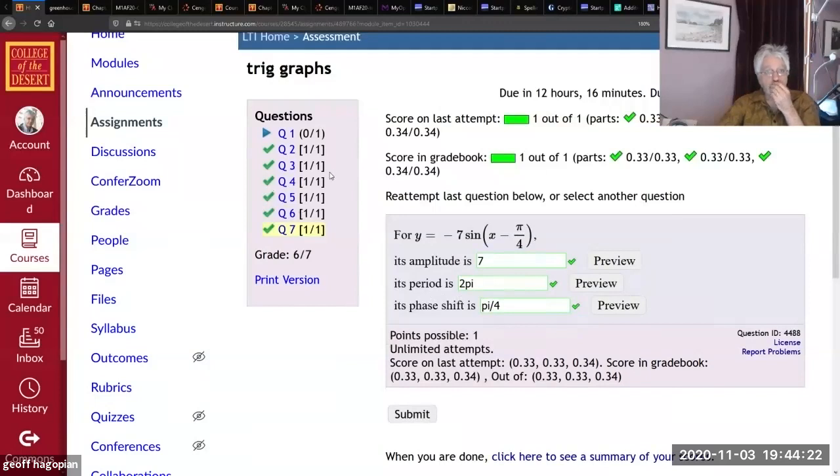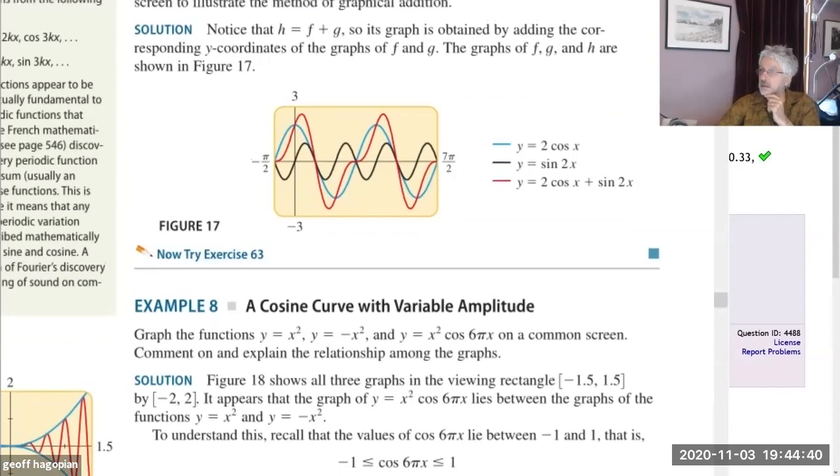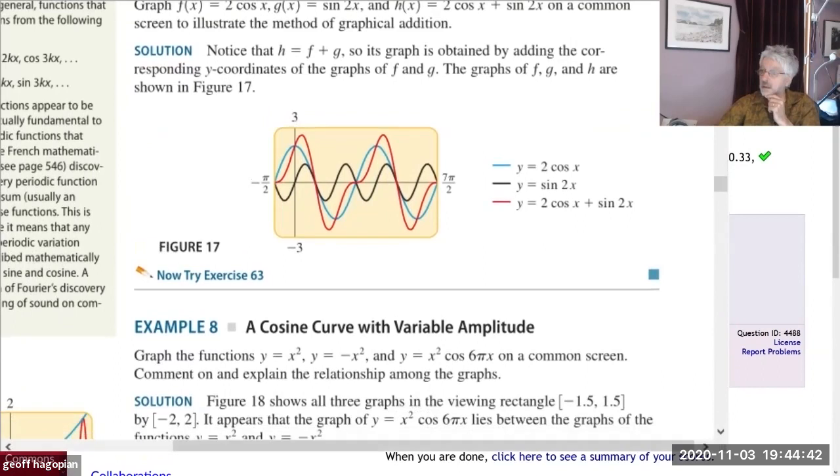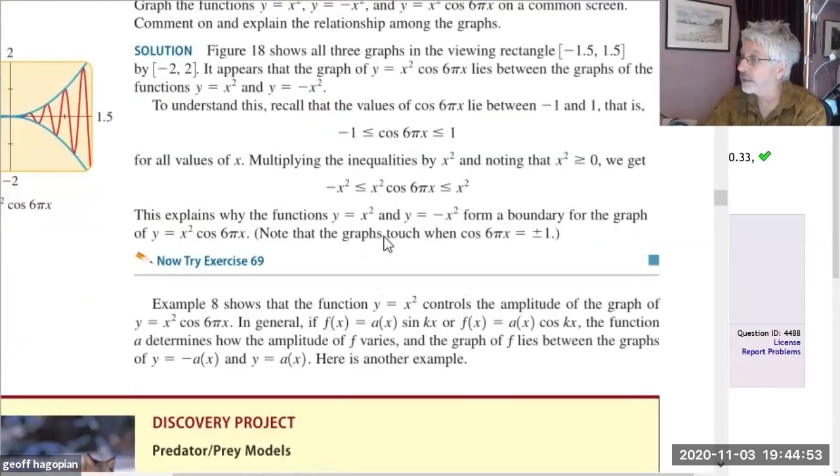Okay, well, so let's go to the text and see if there are more interesting problems in the text. I need to find where the text is. Okay, I think I can fit in the window like that. Okay, so a cosine curve with variable amplitude is the next topic here.